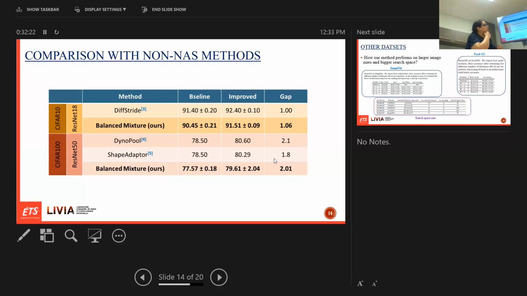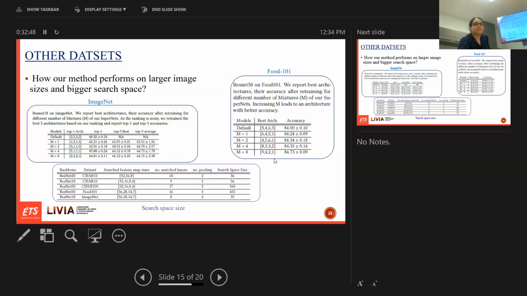And we see that our results are comparable to them, while we don't change anything except the placement of the pooling, while they introduce additional things and different modules. So our method is much easier to adapt than theirs.